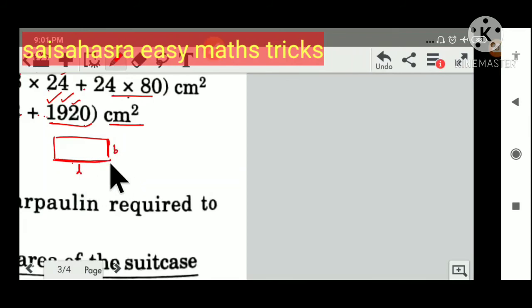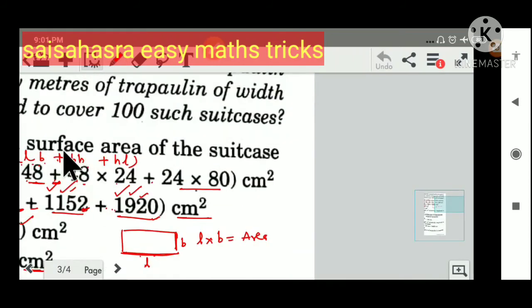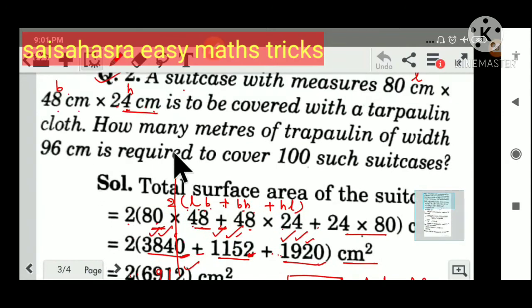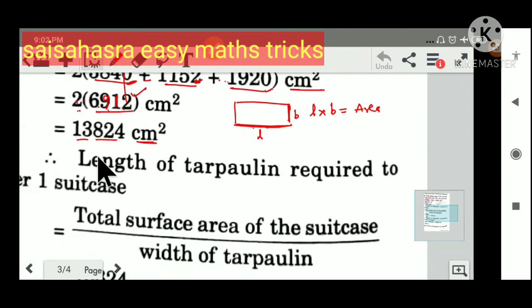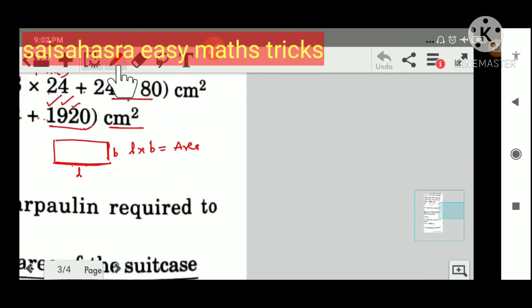If it is a rectangle, by multiplying length with breadth you get the area. According to our question, width is given, length is not given. Width is 96 centimeter, and width means breadth. So this was given; you need to find out L.